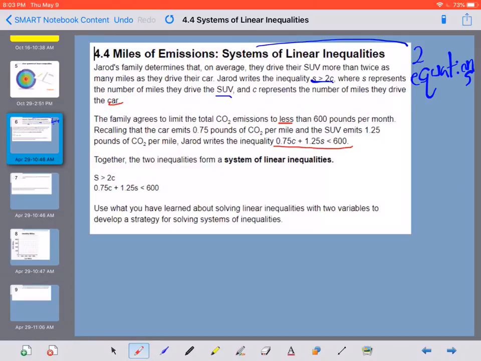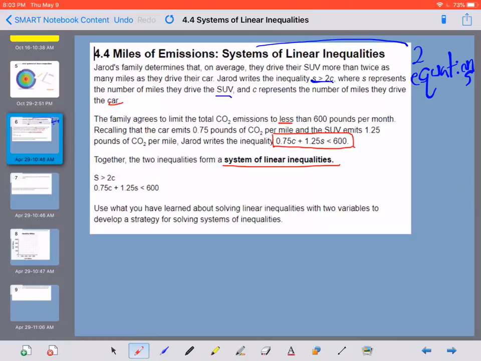So we've already written this inequality before in one of our previous lessons. Together, the two inequalities form a system of linear inequalities. S is greater than 2C, 0.75C plus 1.25S is less than 600.